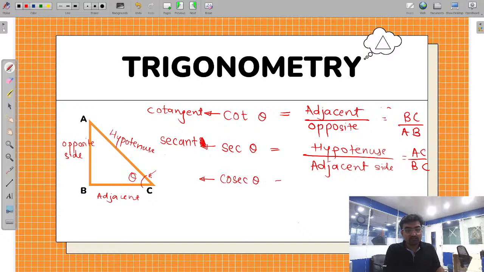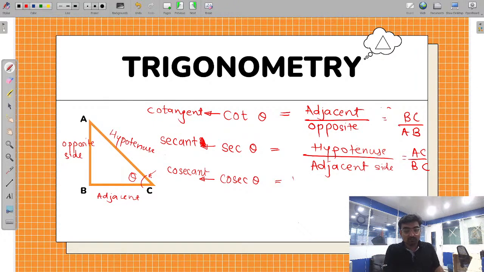Now the last ratio is cosec theta. Hope you guessed it by now. It is cosecant theta, right? Every time sine is there, the next will be cosine. Sine, then cosine, then tan, then cotan, which becomes cot obviously. Then if secant is there, the next will be cosecant.